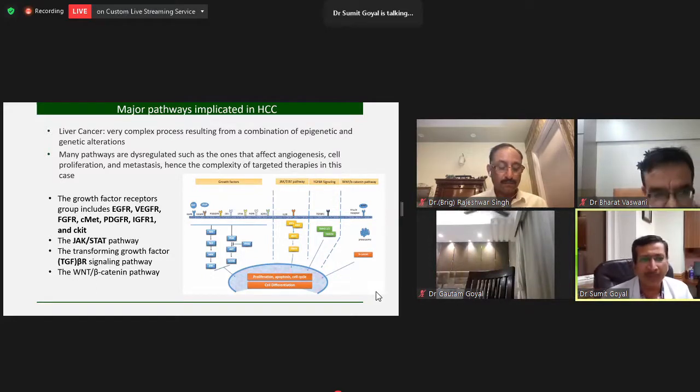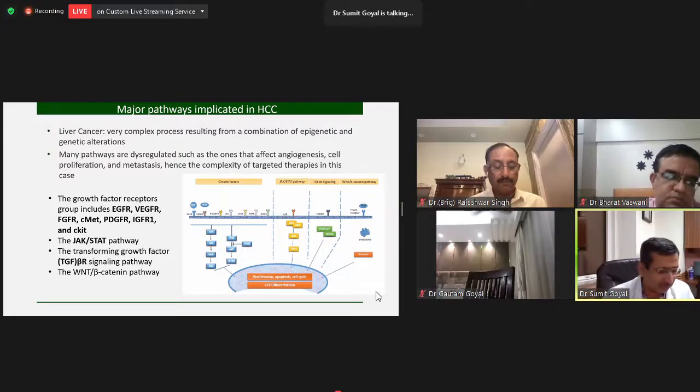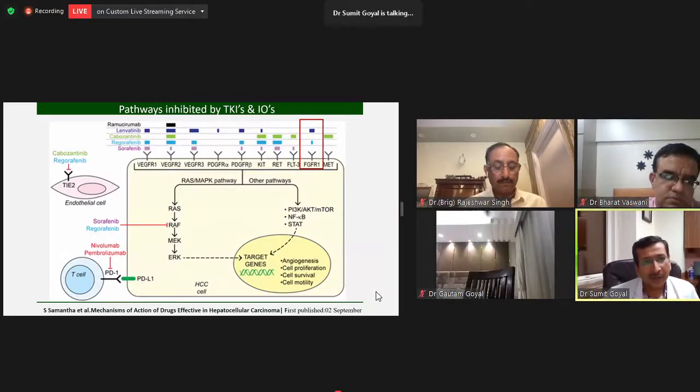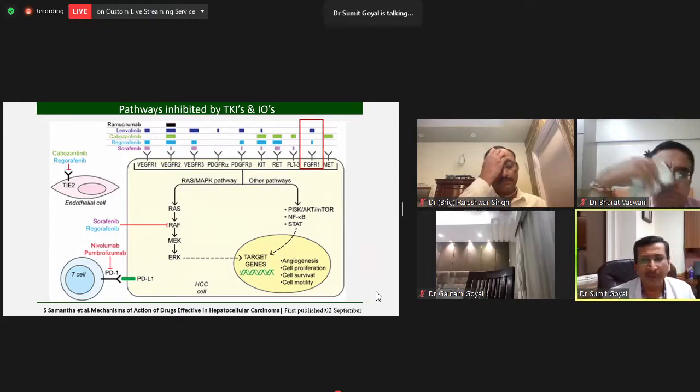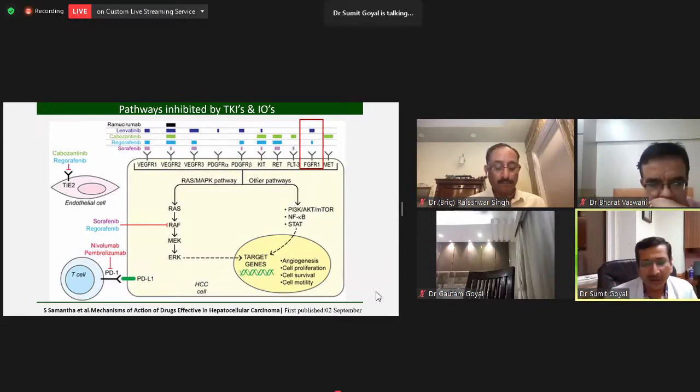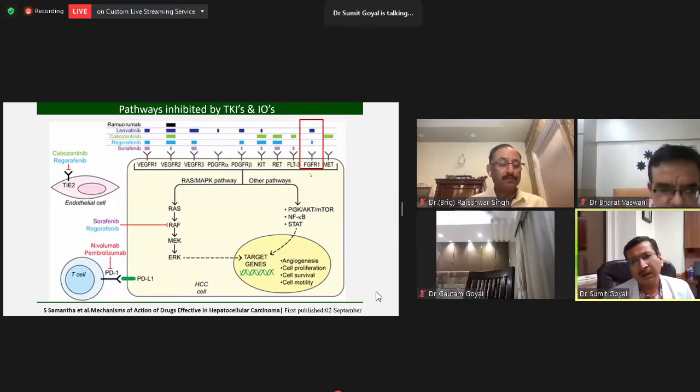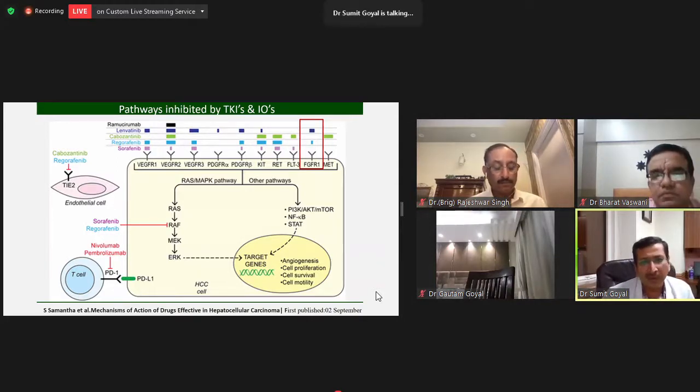There are so many pathways and factors responsible, which gives us the potential to manipulate them in different ways. We all know these medicines: lenvatinib, cabozantinib, regorafenib, sorafenib. They block VEGF, PDGFR alphas and betas, with additional pathways like FGFR, FLT1, FLT3, RET. And sorafenib, we all know the RAS-RAF pathway, how it blocks. Then immunotherapy, we all know how it works.